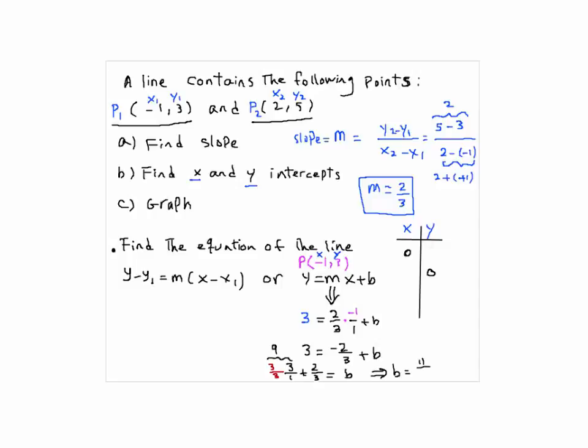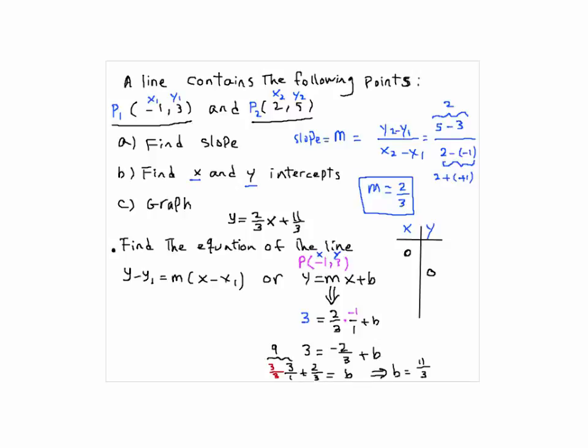And we're done, because the equation of the line would be y is equal to, the slope is 2/3 x plus 11/3. This is how easy this method would be.